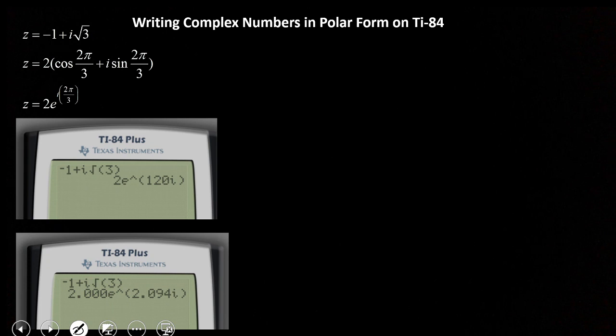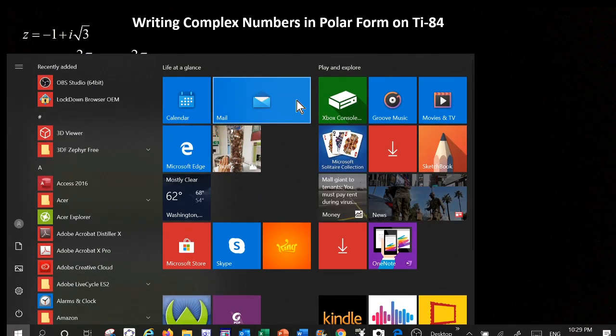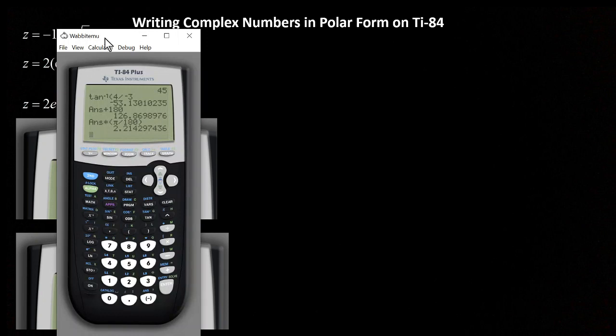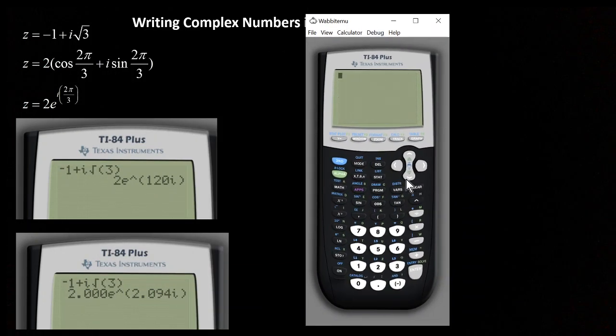If you use a calculator, right now it's in complex mode. If I put negative 1 plus square root of 3i, with i right here and square root of 3 right there, I get this, which is in the rectangular form.